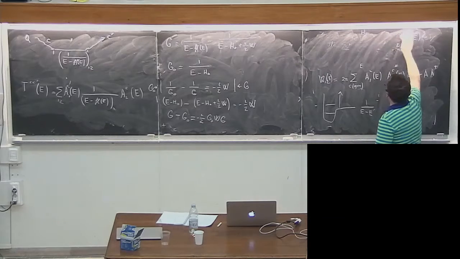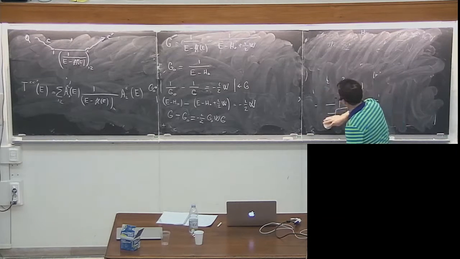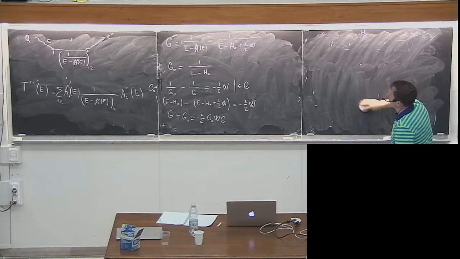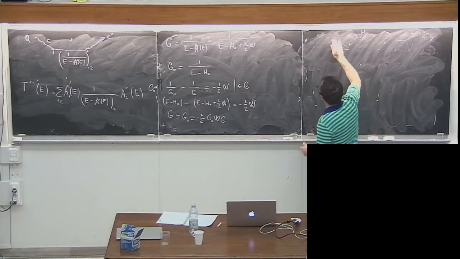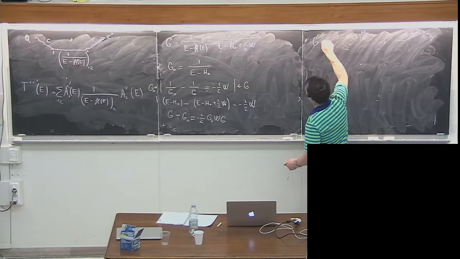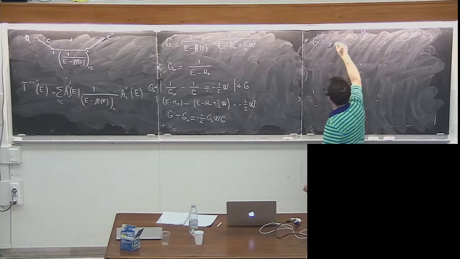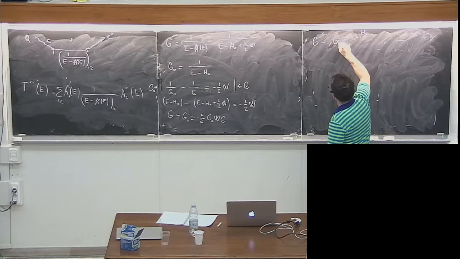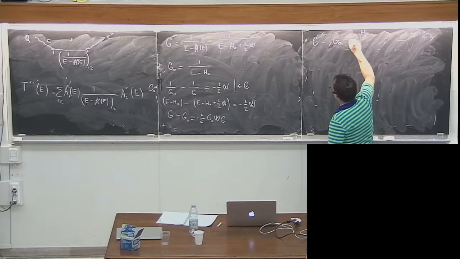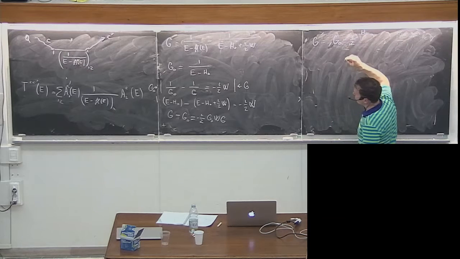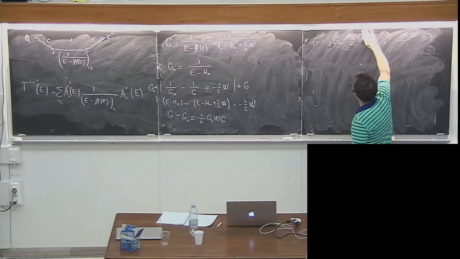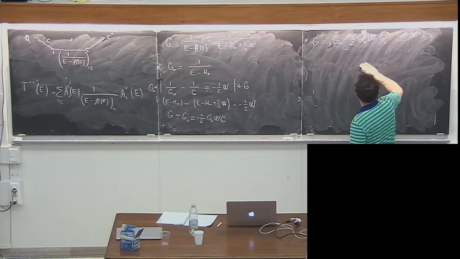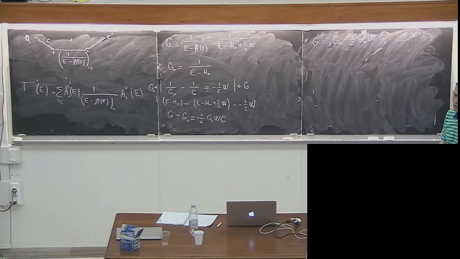It tells me that my full propagator, which is corrected with this imaginary part, is G naught minus i over 2 G naught W G. So it's nothing special.